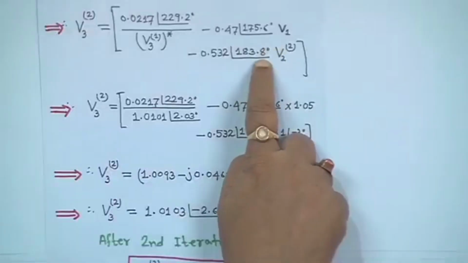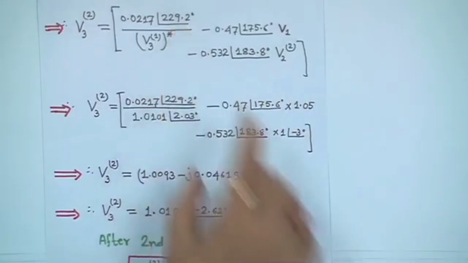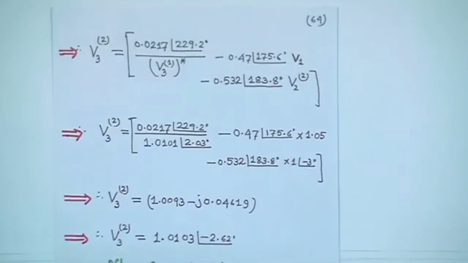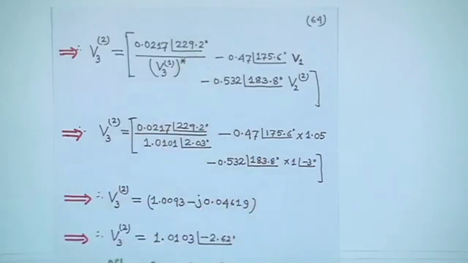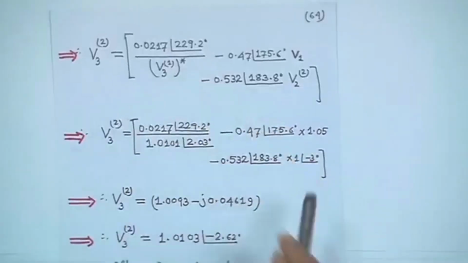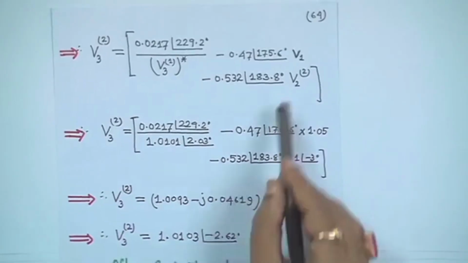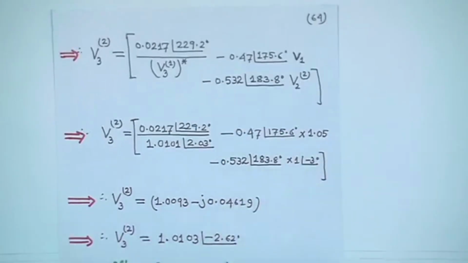You have to make all the calculations correctly, and for all these angles, 175, 183 or 229, check carefully which quadrant you are in and take the angle accordingly. Sometimes the calculator may give a different angle, so you have to see which quadrant it is in and take the angle accordingly, otherwise there is a possibility of mistake.